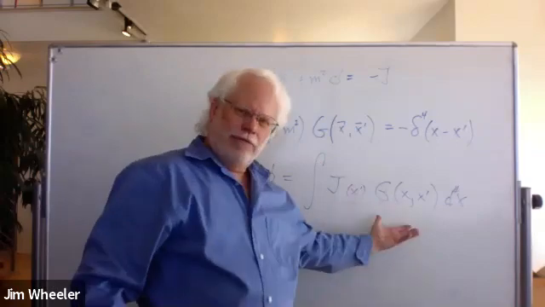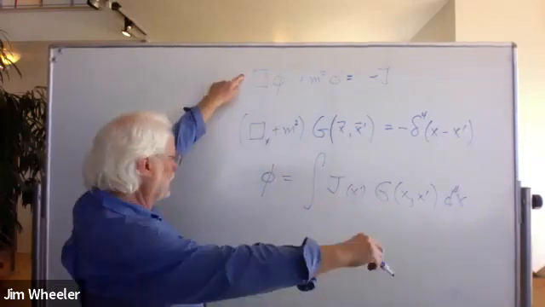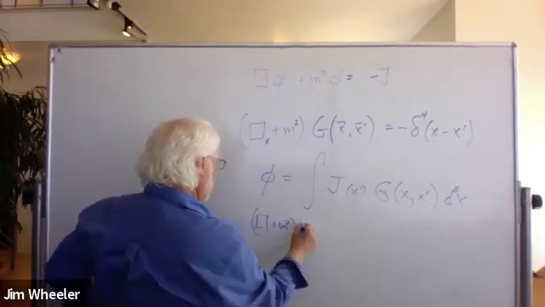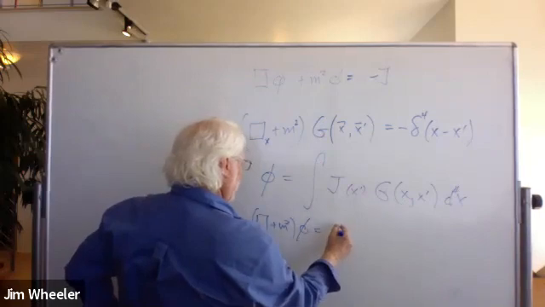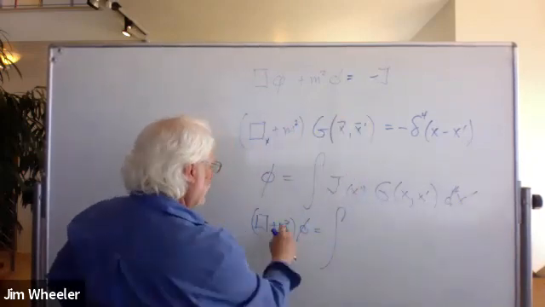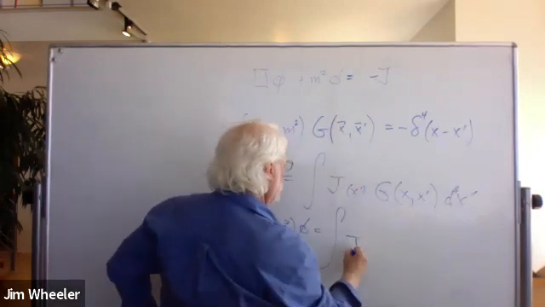Okay, so if we write this, I claim that solves this equation, because if I act with box plus m squared on phi, then the integral is over x prime. So this operator comes inside and it only sees the Green function.